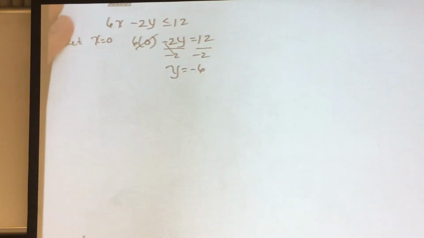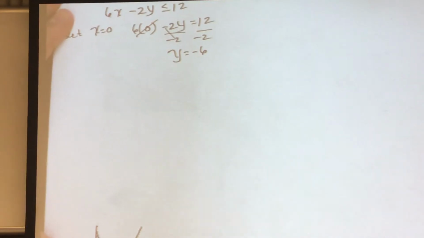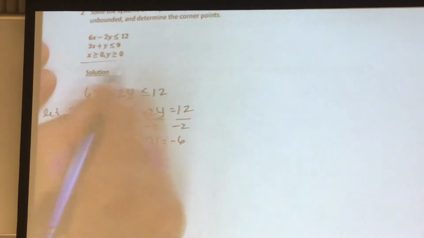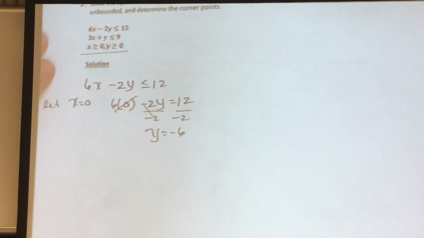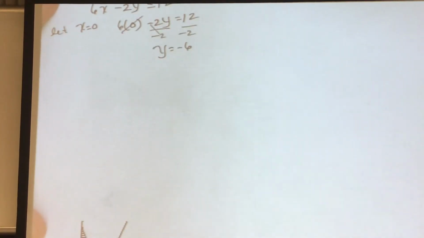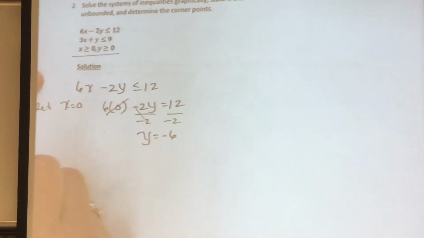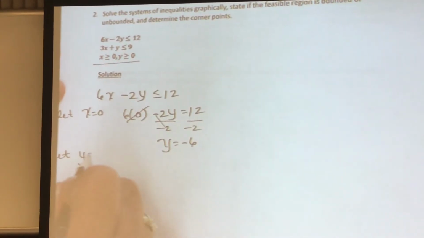So again, that's not on the graph, so we don't really need that negative 6 because you have x is greater than or equal to 0 and y is greater than or equal to 0. So you're just looking at x greater than 0 and y greater than 0. So we're not going to plot that negative 6, but let's let y equal to 0.